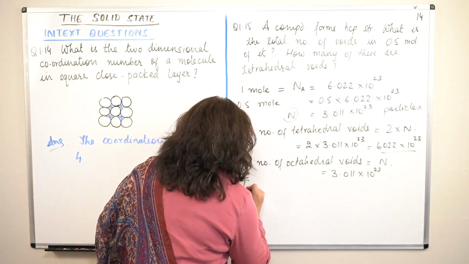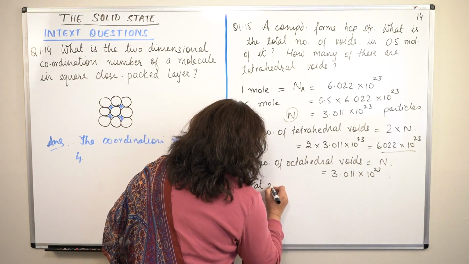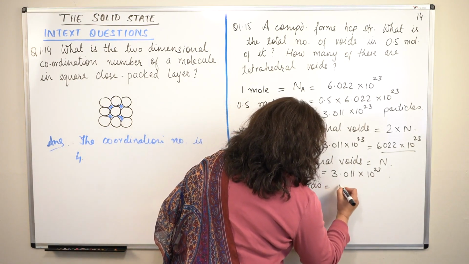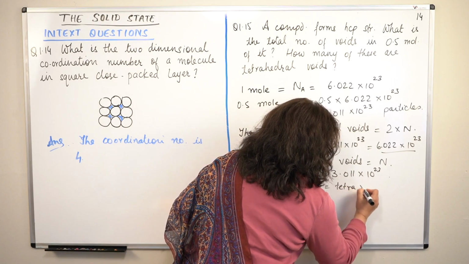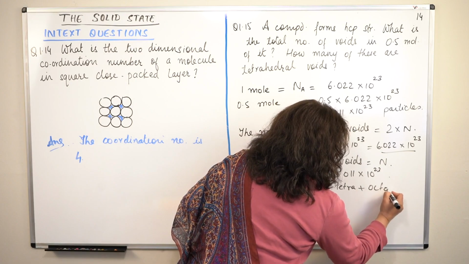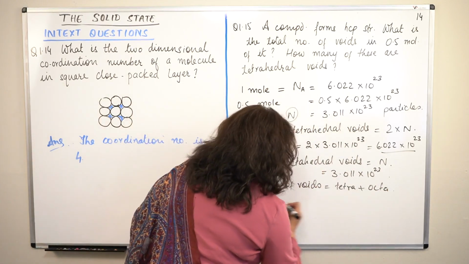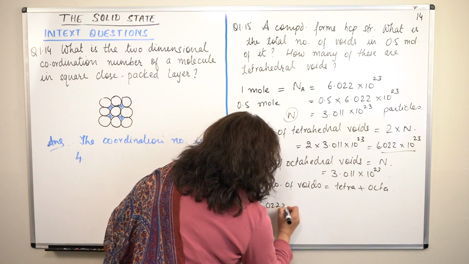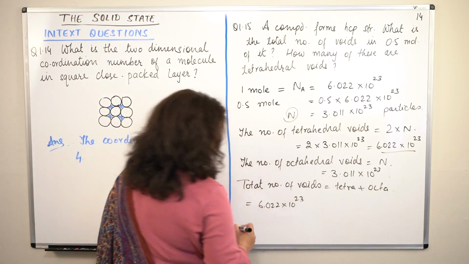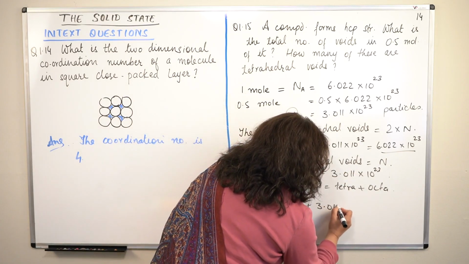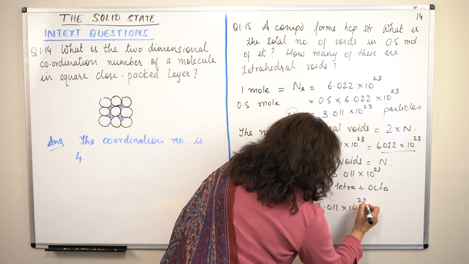Total number of voids will be equal to total tetrahedral plus octahedral voids. The tetrahedral voids are how much? They are 6.022 into 10 to the power 23 tetrahedral voids, and octahedral voids are 3.011 into 10 to the power 23.